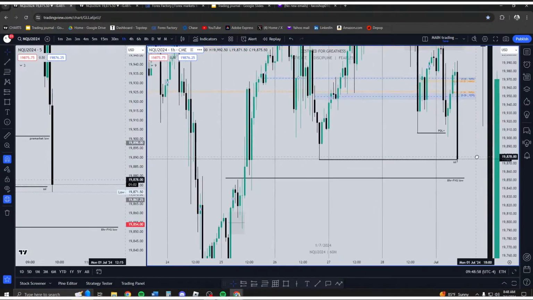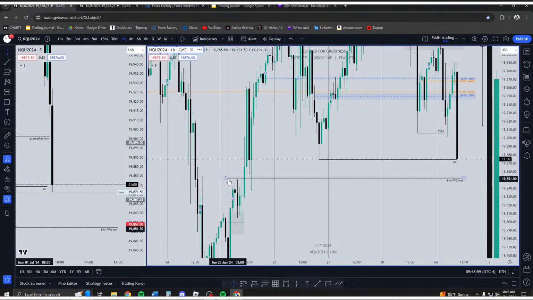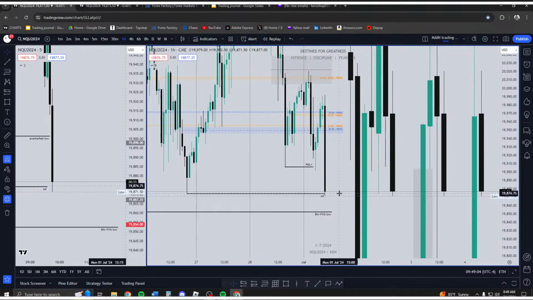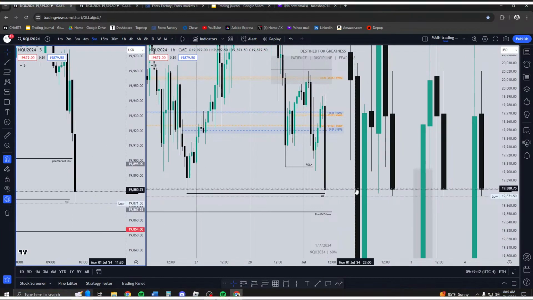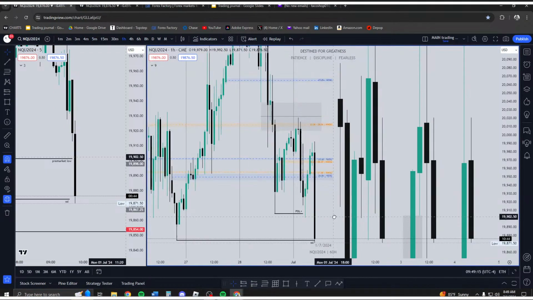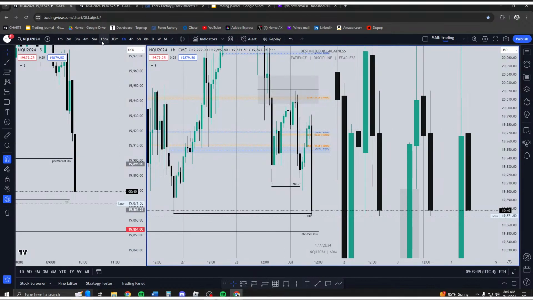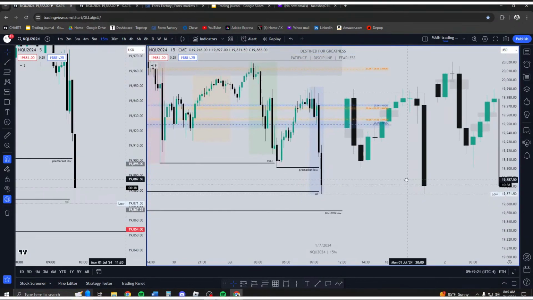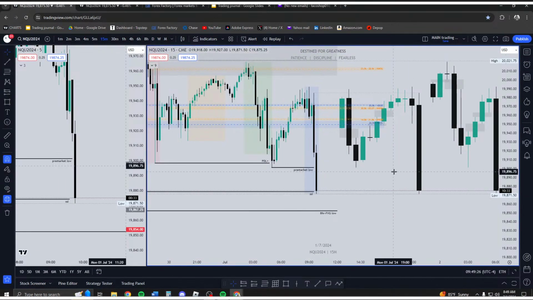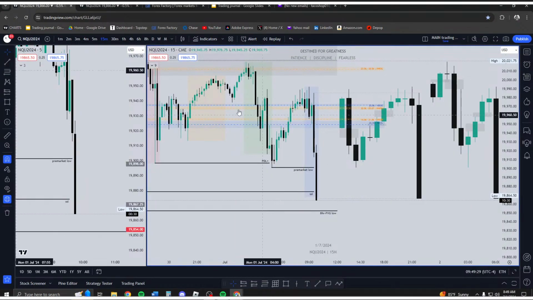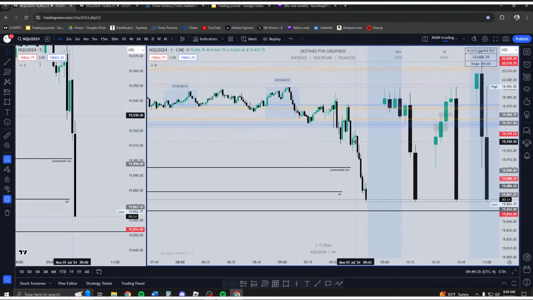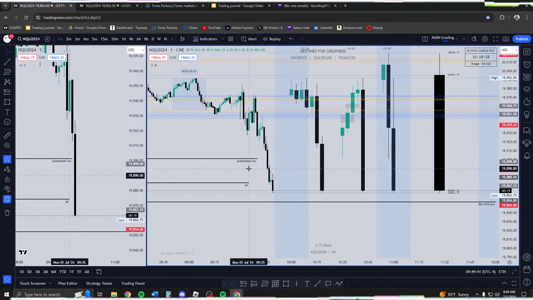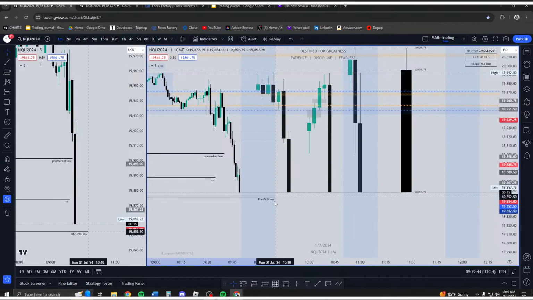Do you want to see how we close here? So that 8-hour FVG low might get taken here.